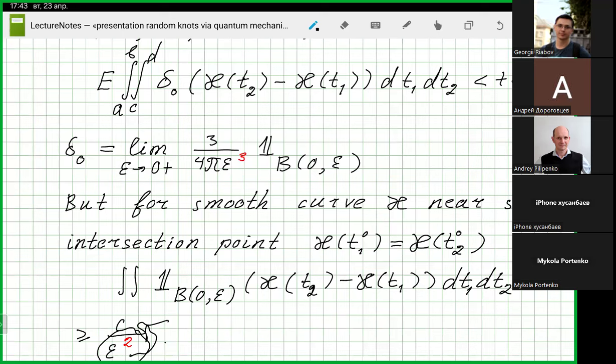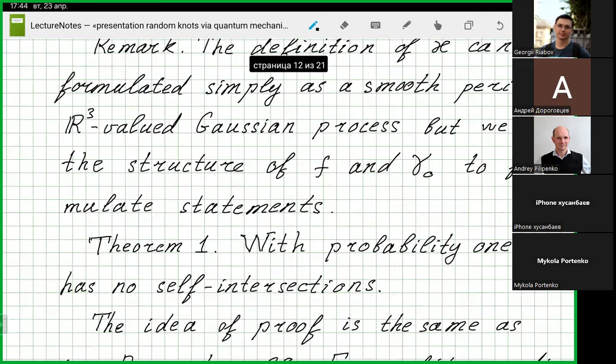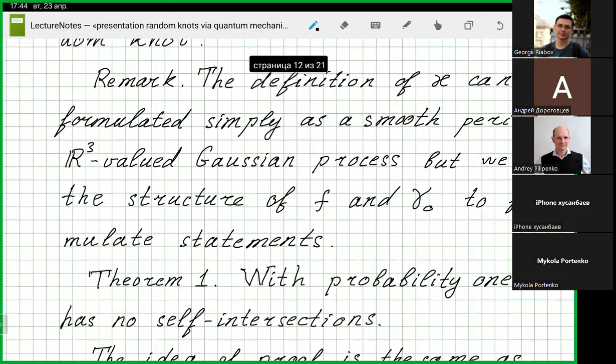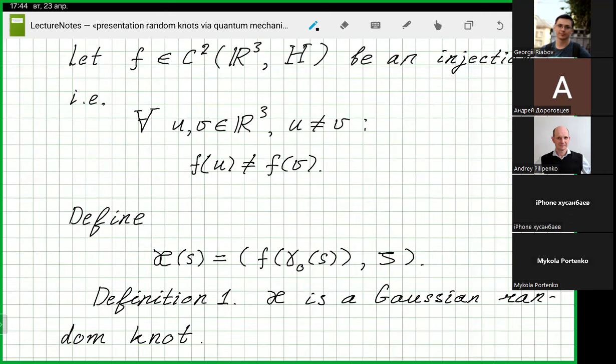We just understand that this covariance in the denominator has a norm of the difference between this f of gamma 0 at different points, and f is an injection, gamma 0 has no self-intersection, and we have smoothness.